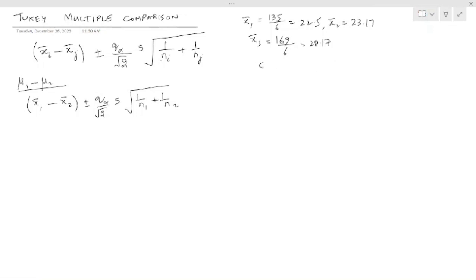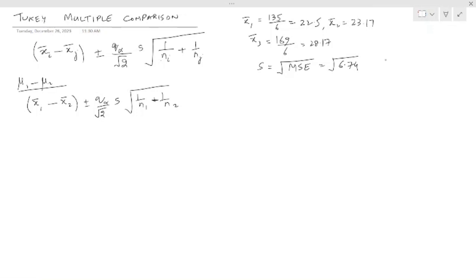Now, how do we compute standard deviation? It is simply the square root of the mean sum of squares of error, which we have computed in one-way ANOVA already, and the value over there was 6.74. So we can compute the square root of 6.74.